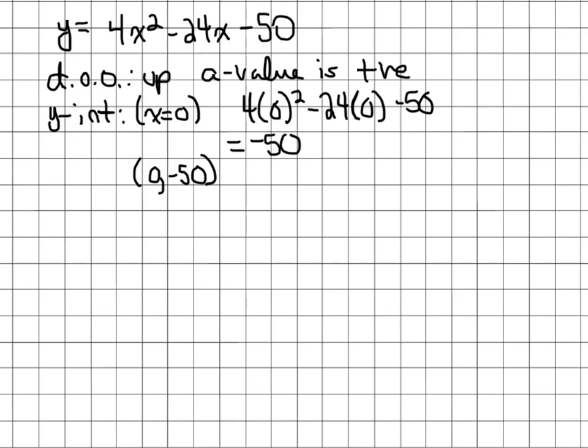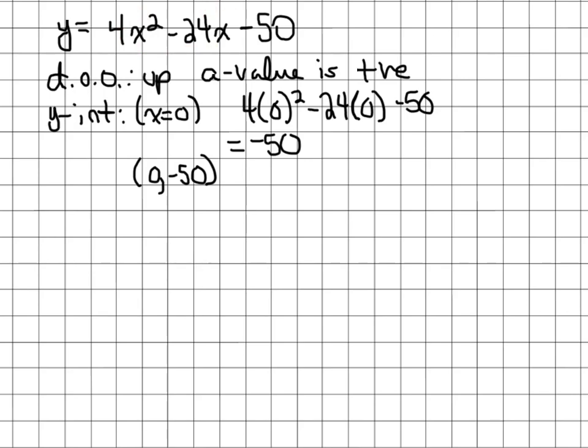So then it comes to the rest. So the x-intercepts, the vertex, the axis of symmetry, the maximum or the minimum value, we need to determine those properties, but we can't really do that from this form. So I'm going to actually change to vertex form.